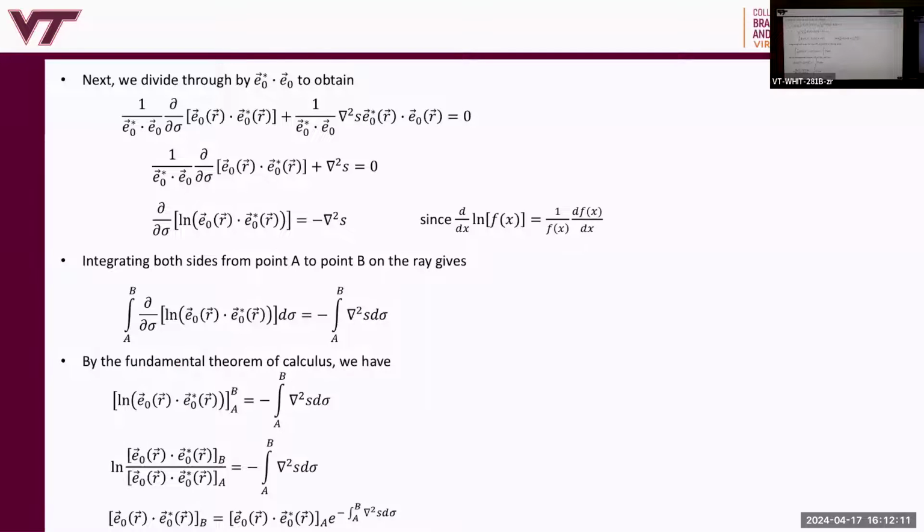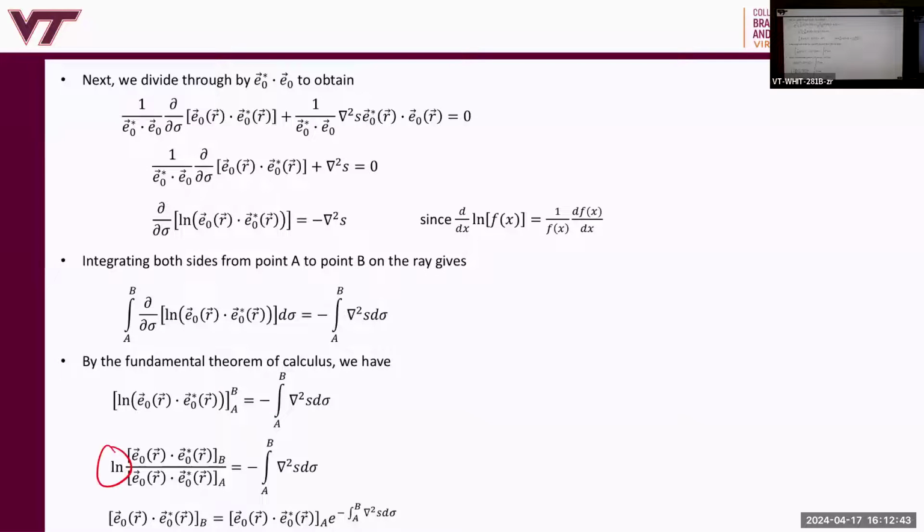All right. If you evaluate the result at the endpoints of the integration, then you get ln of B divided by ln of A, right? Because here we would have ln at B minus ln at A. But if you subtract 2 natural logs, you can write them as ln of B over A. All right, and then that's equal to the right-hand side still.